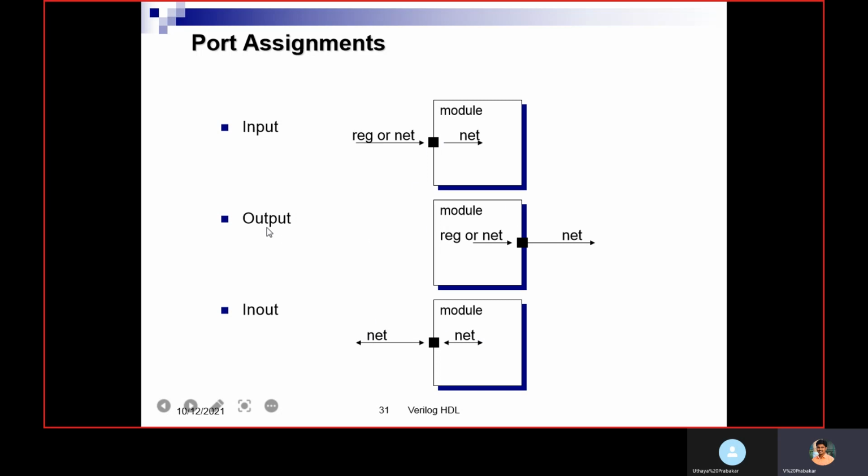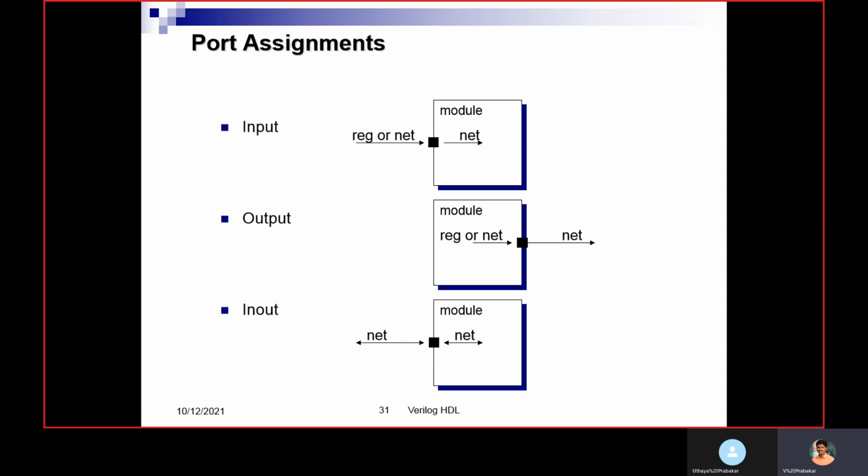If we declare a variable as output inside the module, and you use behavioral modeling, you should declare the output as reg. So that we are going to see next. When we use data flow or gate level, by default the output is a wire net. So in these cases, the output should be declared as net or wire in the test bench.